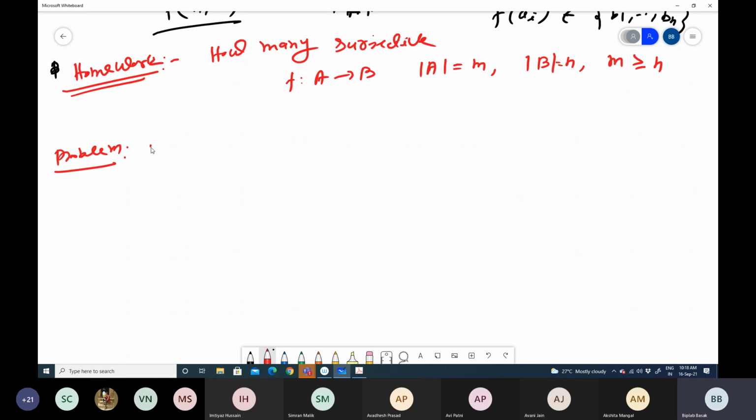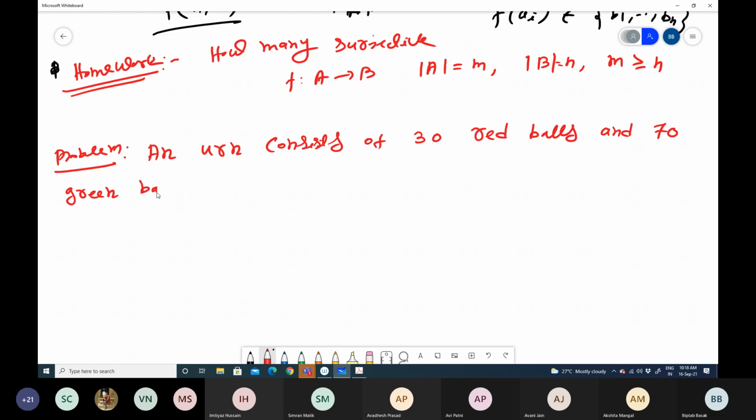Say it is given that an urn consists of 30 red balls and 70 green balls, with numbers.